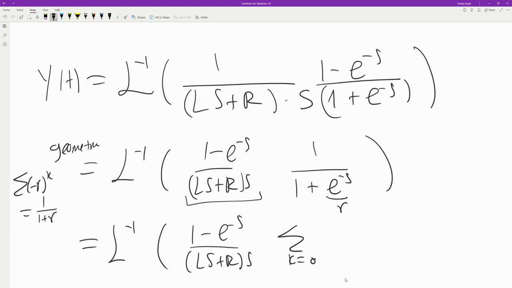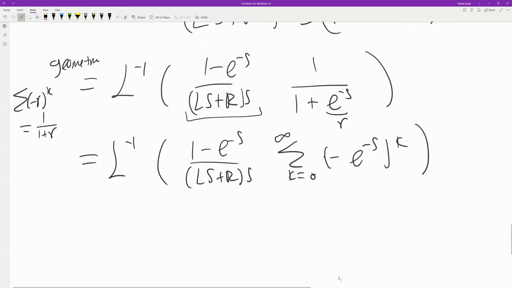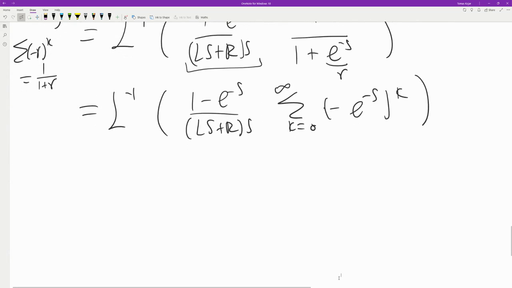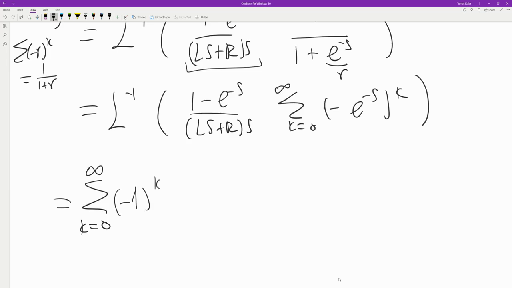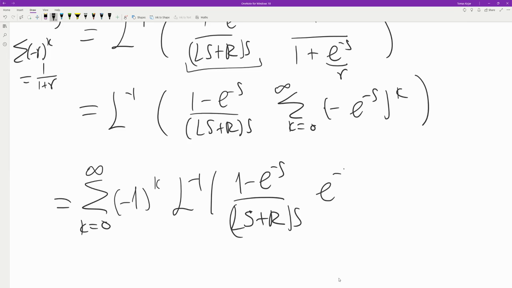And so we get the sum of -1 to the k times e to the minus s k. Use linearity to get this.